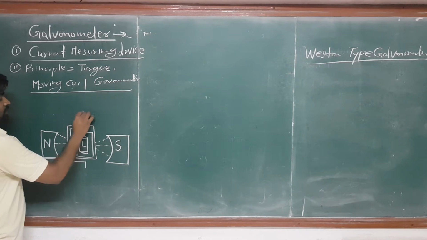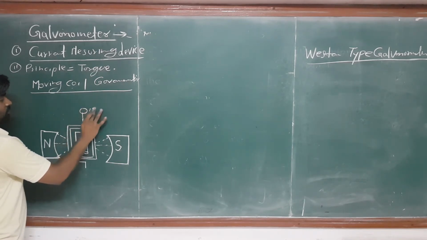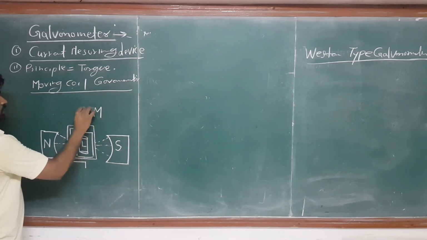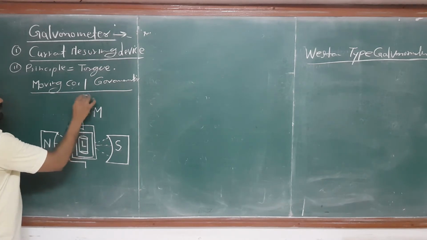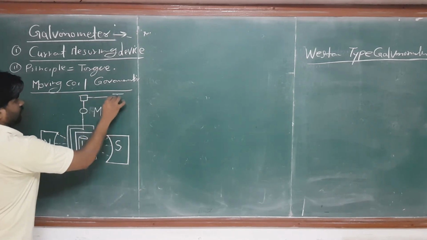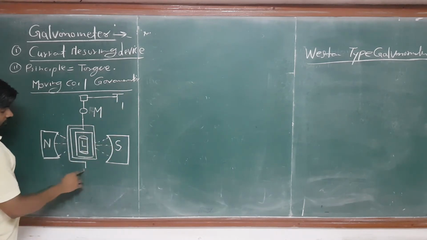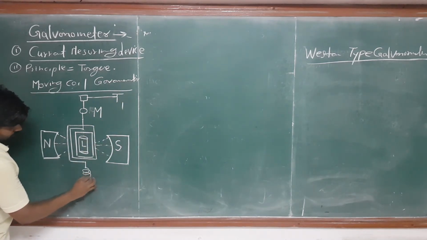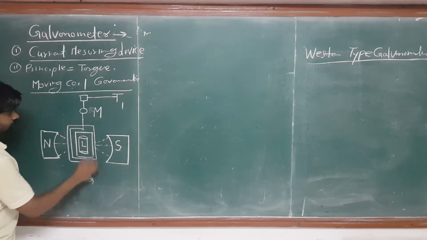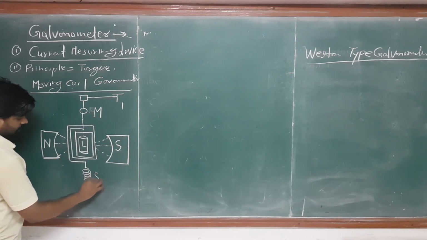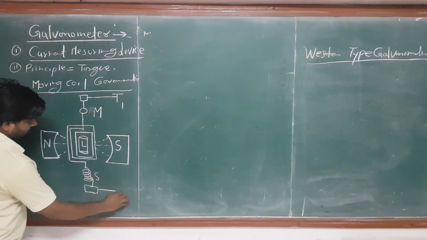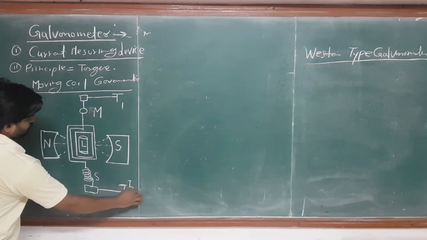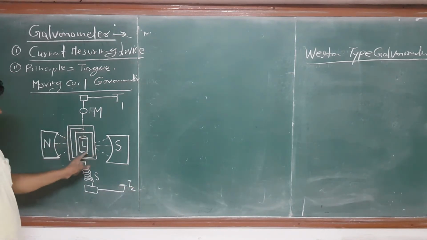This wire connection should be attached with a mirror called M. I have written it with the M. And this is a phosphor bronze strip, torsionless, and we can connect it with the terminal T1 to have a battery. And this end should also be connected with a torsionless spring. Okay, it's called the S, and attached with a point, with terminal T2.